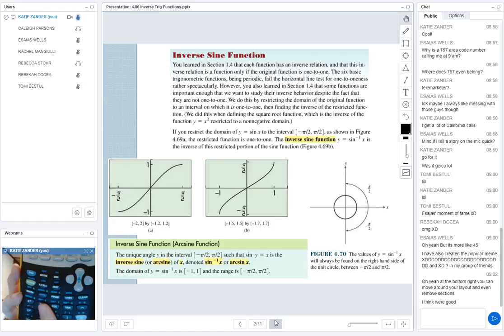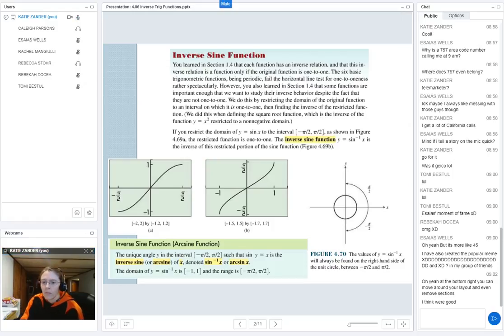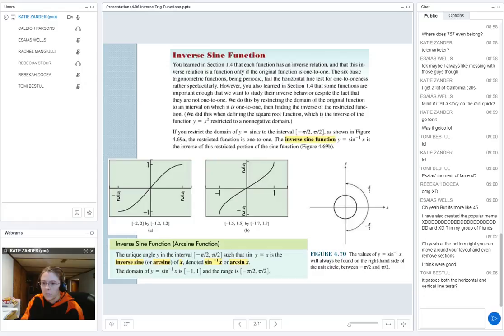Now, your sine, cosine, and tangent functions, they're not one-to-one. Does anybody remember what it means if a function is one-to-one? There you go.